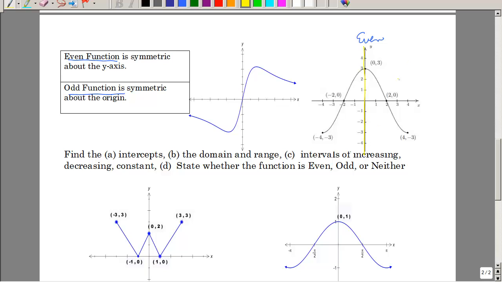It acts as a mirror, so this side is the same as that side. This would be an odd function because here's the origin. So try to imagine if you could fold your paper vertically and then horizontally. This would match up with that.